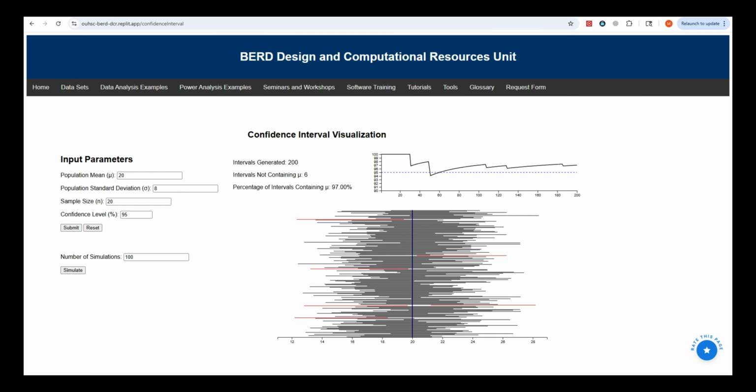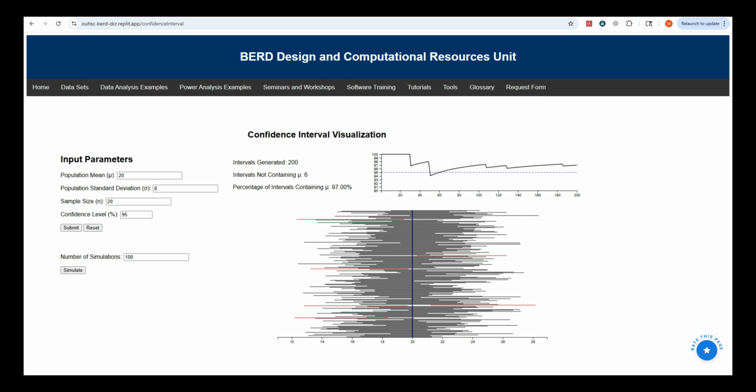So, samples constructed in this method 95% of the time will capture the true parameter of interest. Notice that that probability statement is about the interval, not about the parameter. The parameter, from a frequentist perspective, is fixed. It doesn't move around, it doesn't have an associated probability.